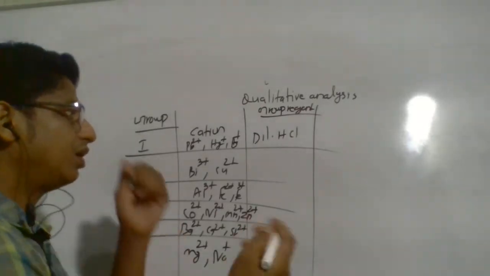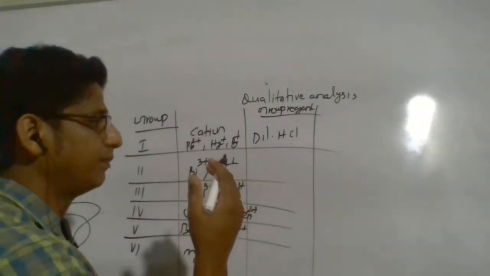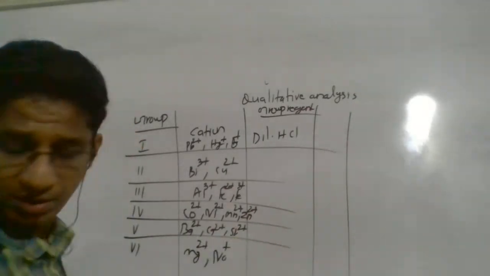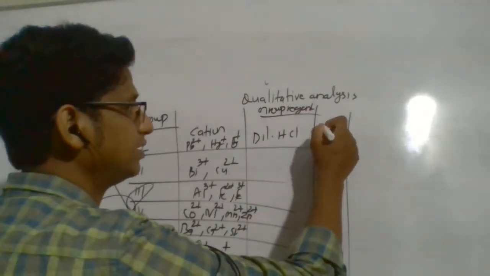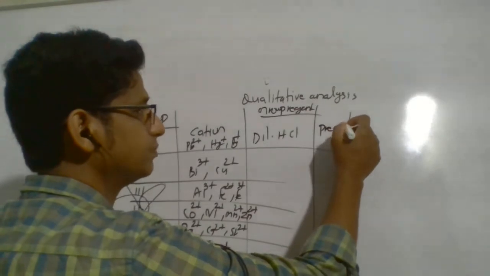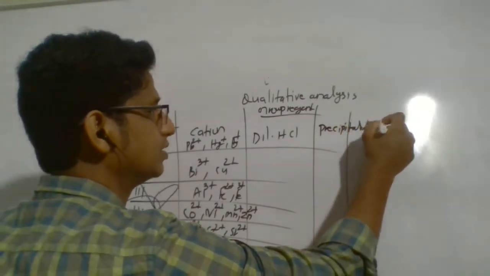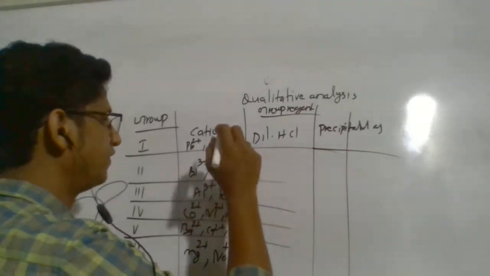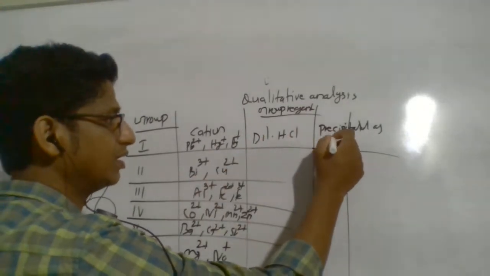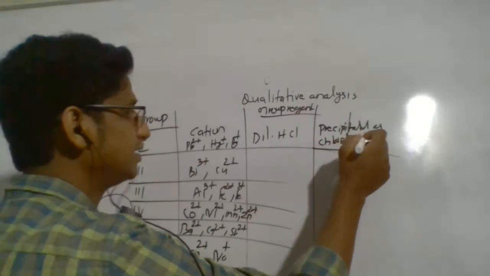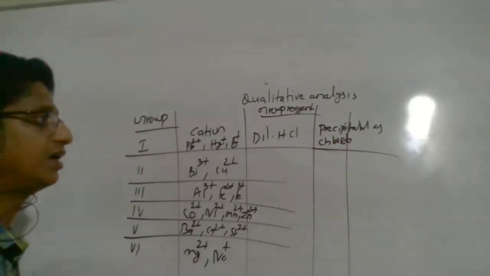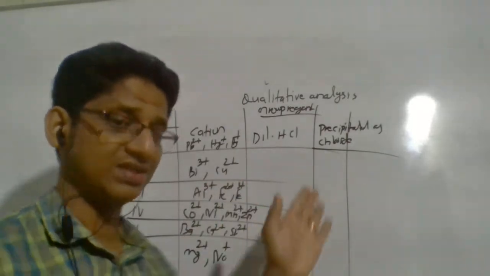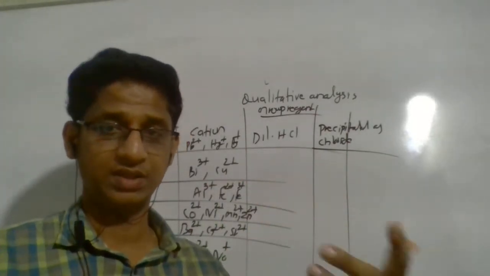Now let us see how the particular metal ion is precipitating. In group 1, the cations are precipitated as the corresponding chlorides. After adding dilute HCl, lead precipitates as lead chloride, which is insoluble in that solution.